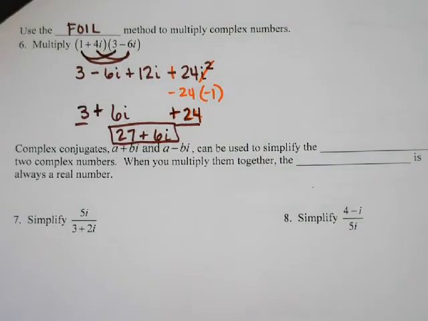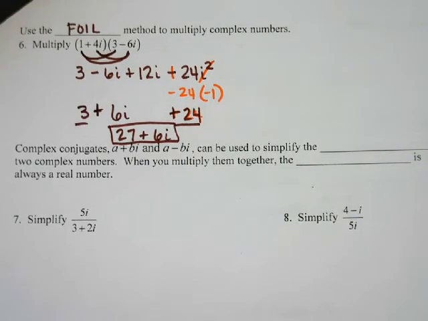I like imaginary numbers. I think they're cool. Just like when we had radicals and fraction exponents, we can't leave i's in our denominator. So we're going to have to do conjugates again. So complex conjugates, remember conjugates are the exact same thing, but the sign in the middle is flipped.